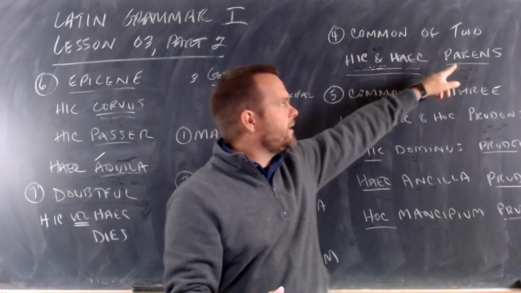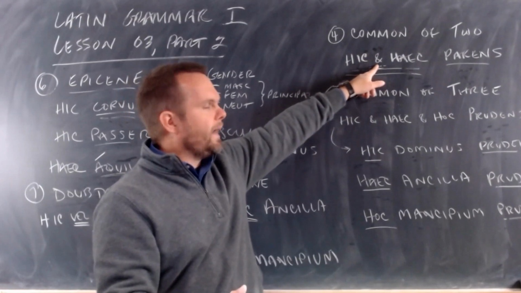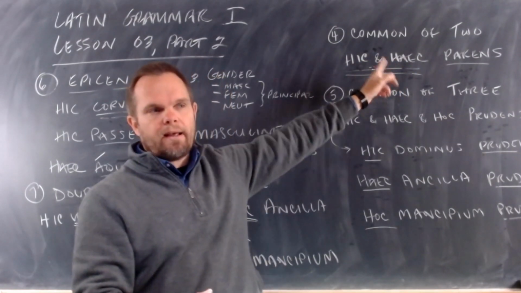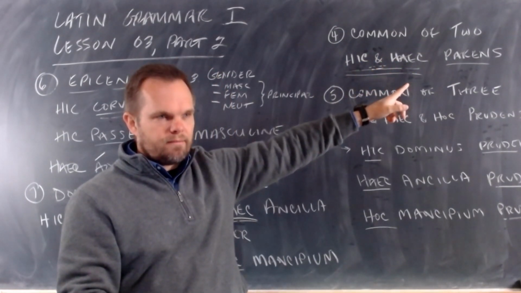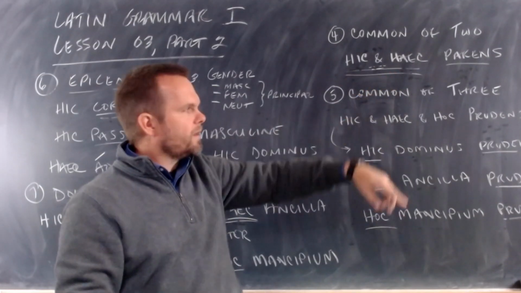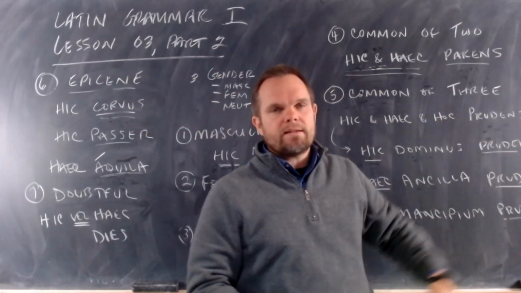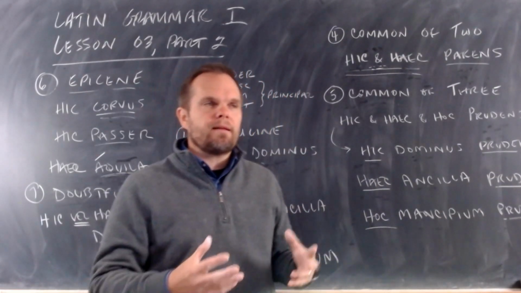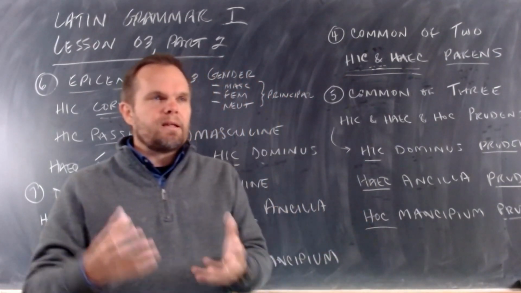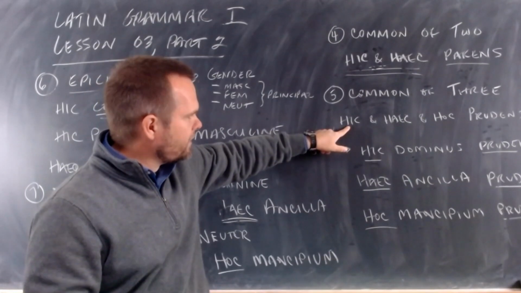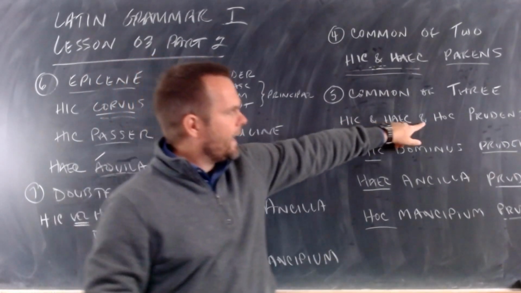This noun is both hic et haec, masculine and feminine. Common of 2. Next, there are other nouns like prudens that have a meaning that can be masculine, feminine, and neuter.